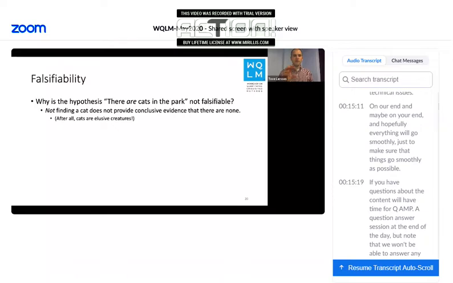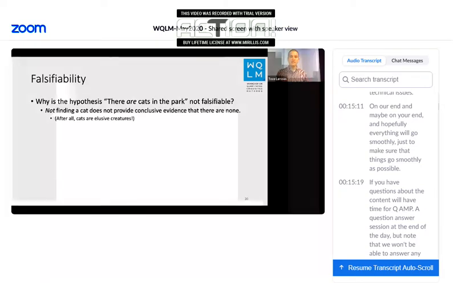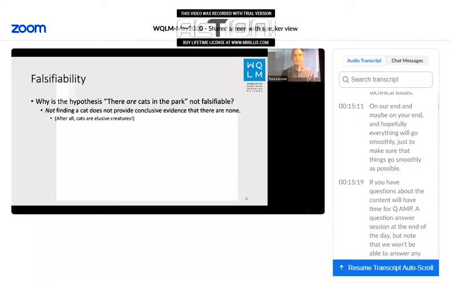So if we flip it around, and if we say that there are cats in the park is our hypothesis that we're testing, the question is, why is that not falsifiable? And in fact, it's not, because simply not finding any cats in the park doesn't provide conclusive evidence that there are none.